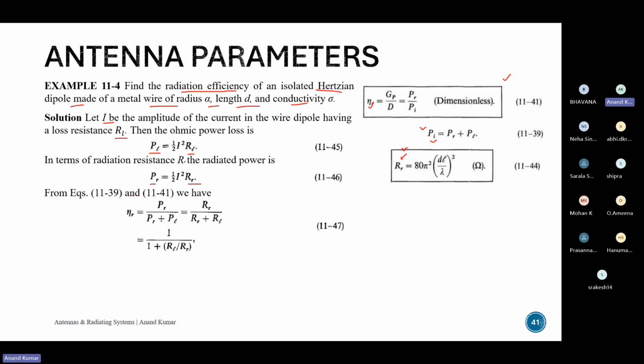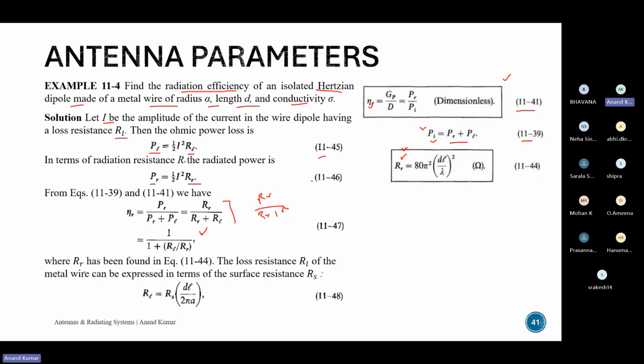Then from equations 11.39 and 11.41, the efficiency is written as the radiated power by the total power, that is, the radiated power by the incident power, which is the radiated power plus losses. Substituting 11.45 and 11.46, we end up with radiation resistance upon radiation resistance plus loss resistance, which simplifies to 1 upon 1 plus RL by RR.